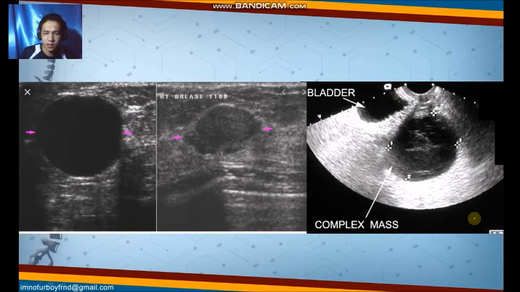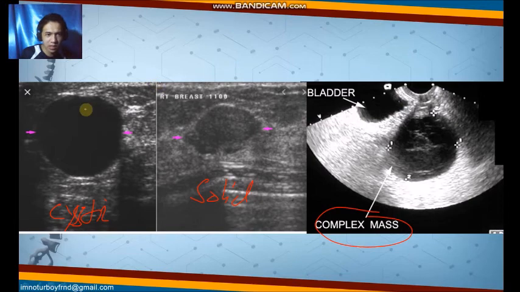So we have here examples. This is a cystic mass. And this one here is a solid mass. And then another, a complex mass.